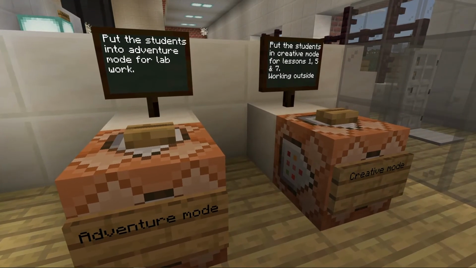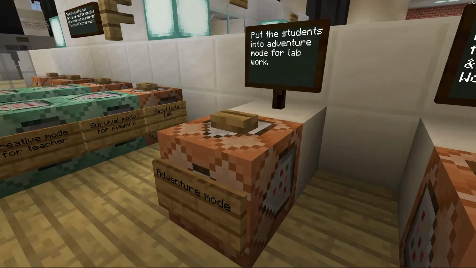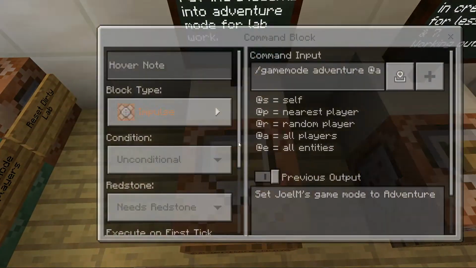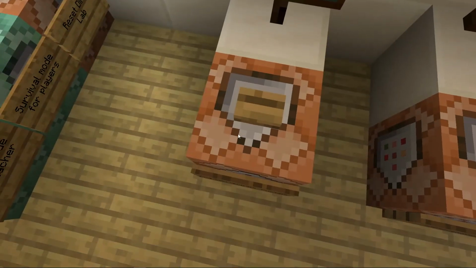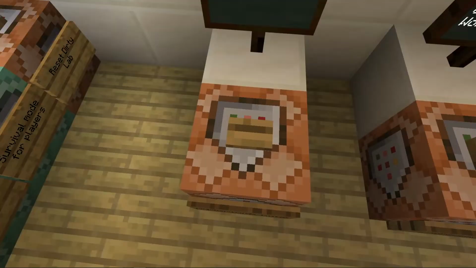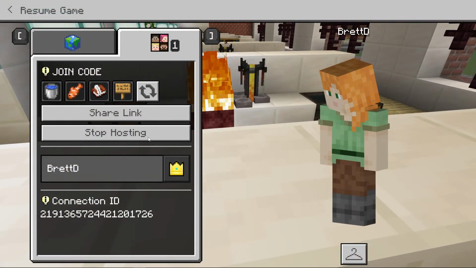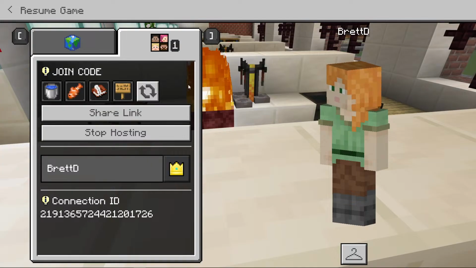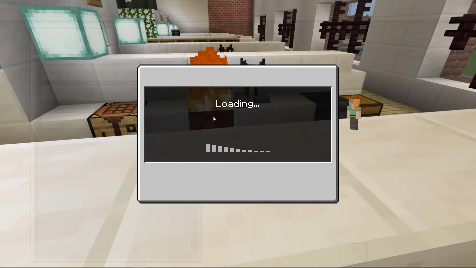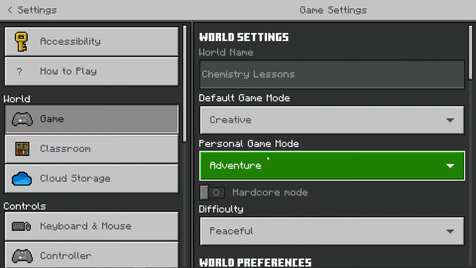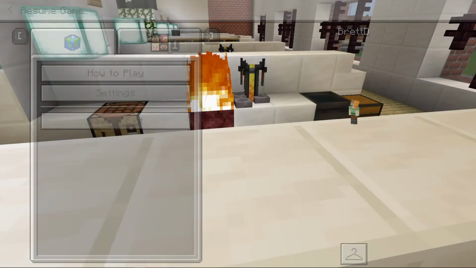Put the students in adventure mode for lab work and then working outside. So lab work, let's do that. So reset the hazards. Some of the blocks are still broken. Did it change our mode? It did. Okay, so we're in adventure mode.